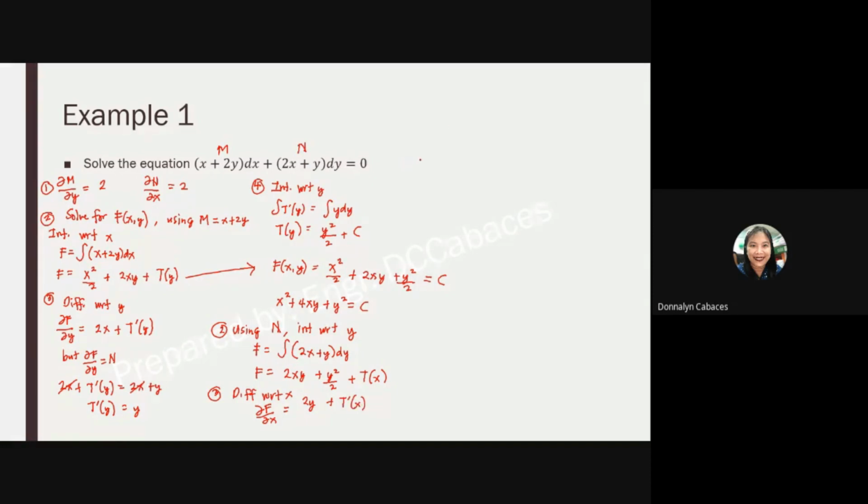And again, since it is found to be exact, the partial derivative of f with respect to x, since we use n, is equal to m. So equating the two, you have 2y plus t prime of x is equal to our m, which is x plus 2y. So 2y and 2y, therefore t prime of x is equal to x.